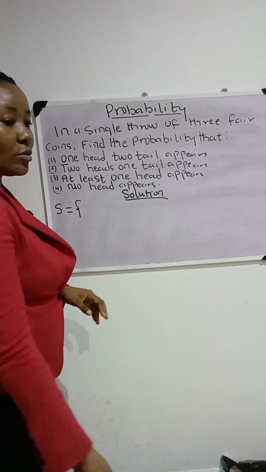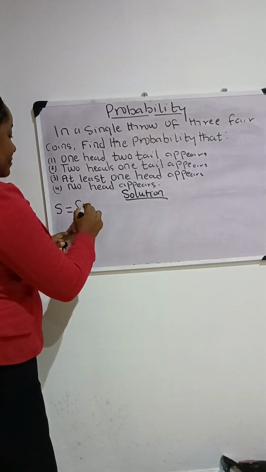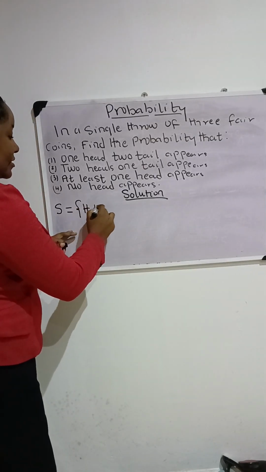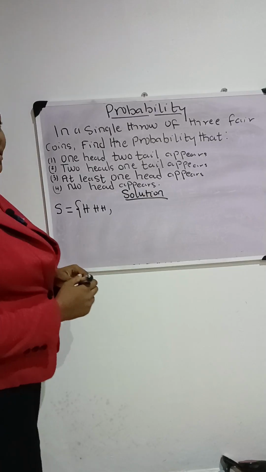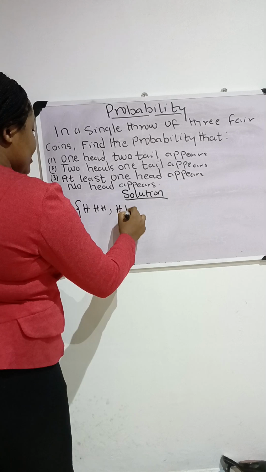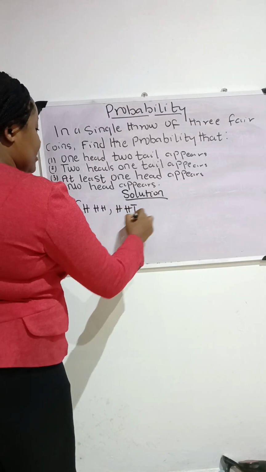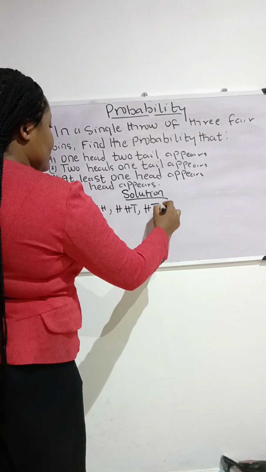So when we throw three coins together, there is a possibility that we will have three heads coming up. There are also possibilities that we will have head, head, tail. There's a possibility that we'll have head, tail, tail.